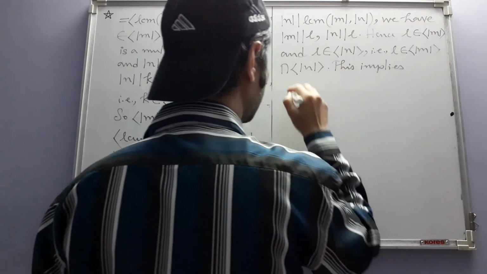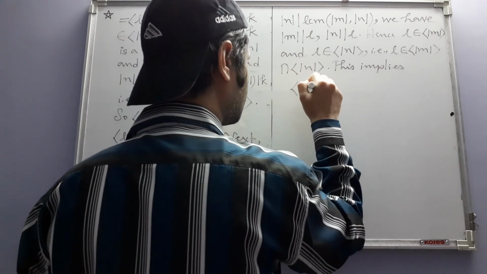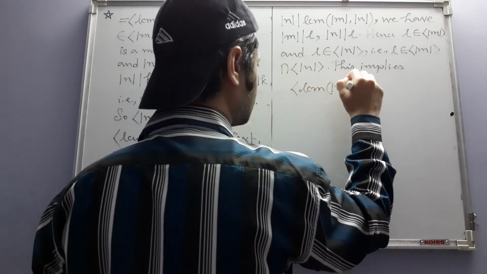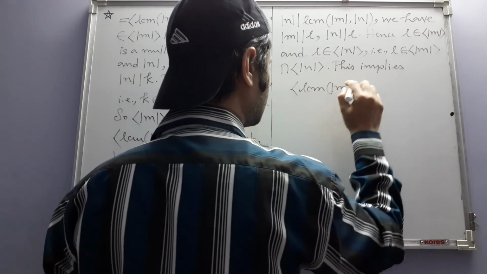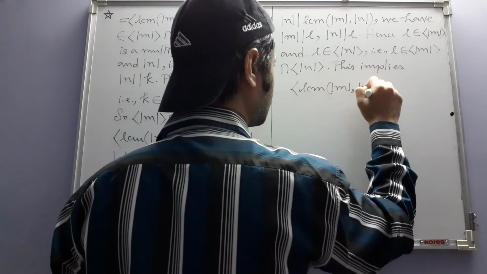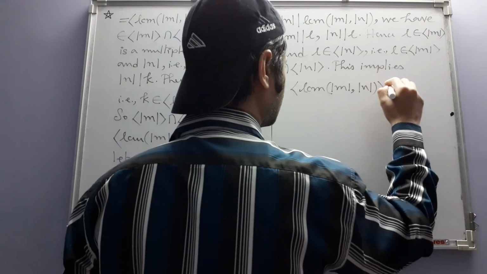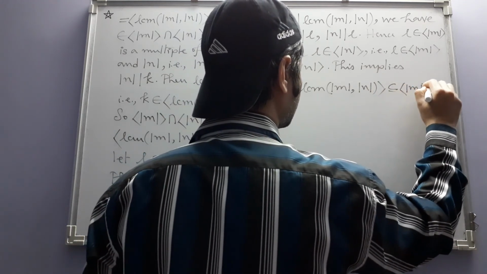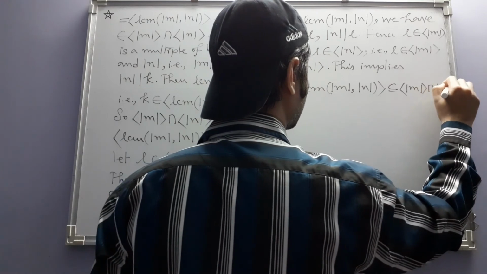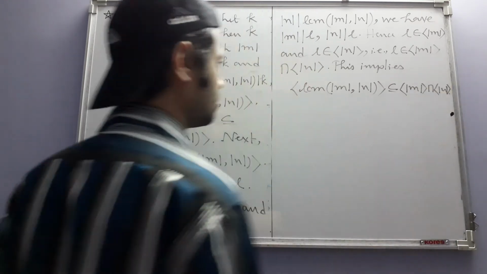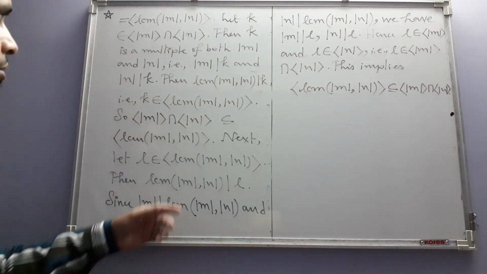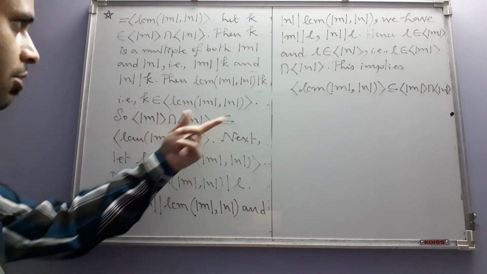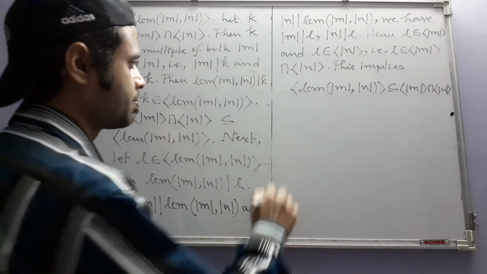This implies that this is contained in the intersection. So we can now combine these two inclusions, this one and that one.